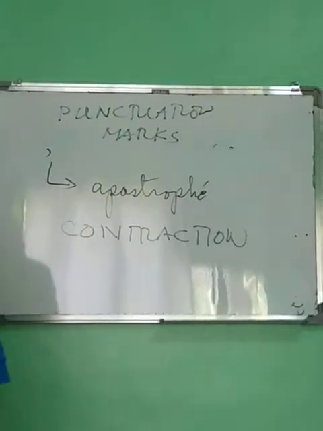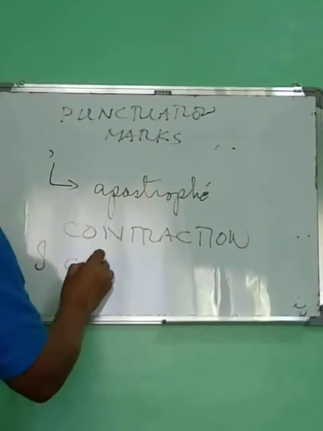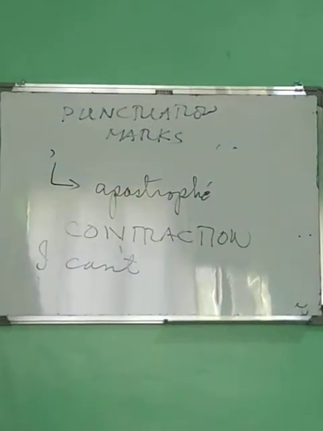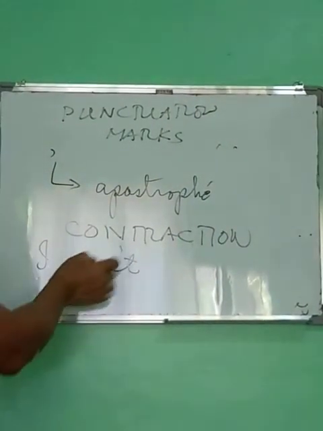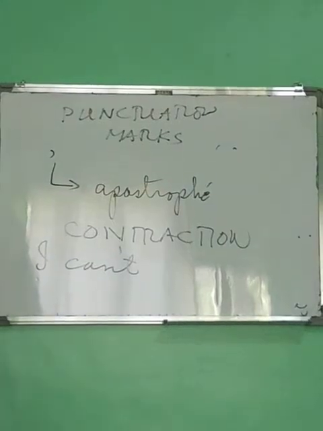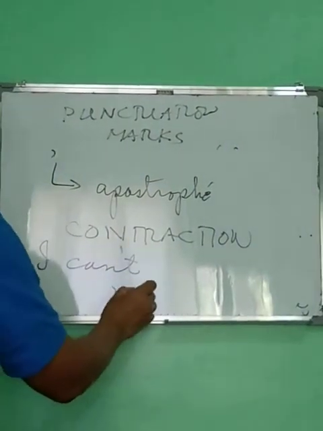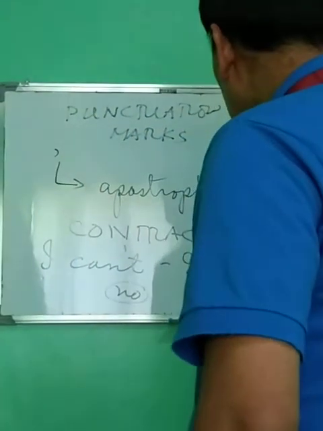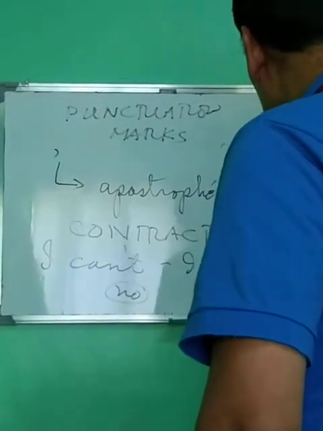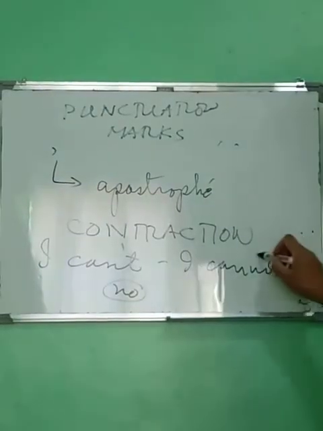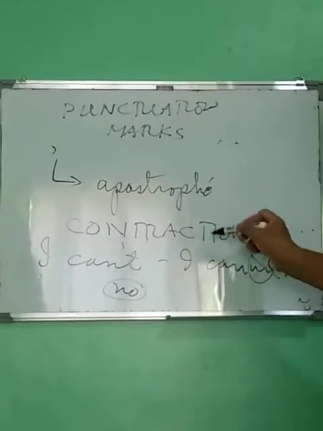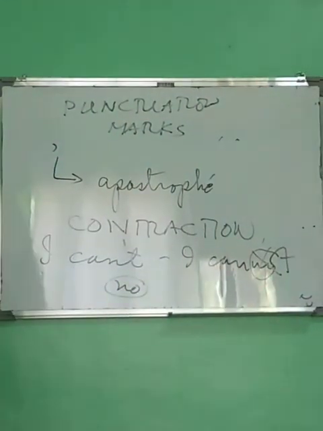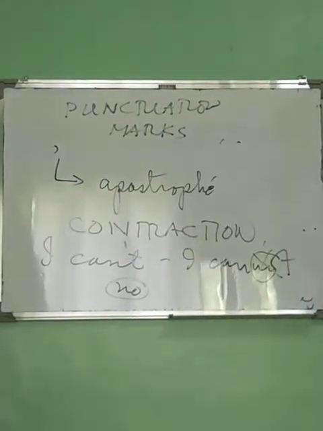Say, for instance, I can't. So you put an apostrophe there. What have you omitted? I can't refers to I cannot. So what have you omitted? This one. Because of this, you put an apostrophe between N and T.